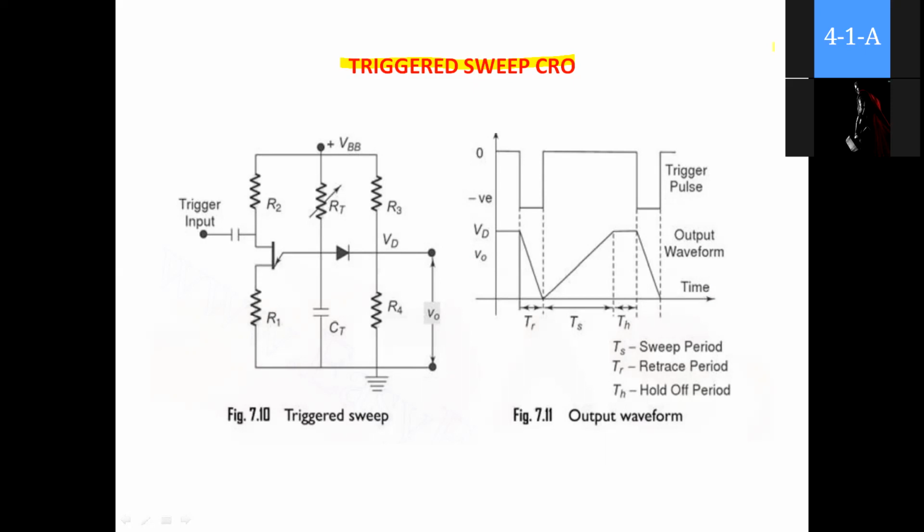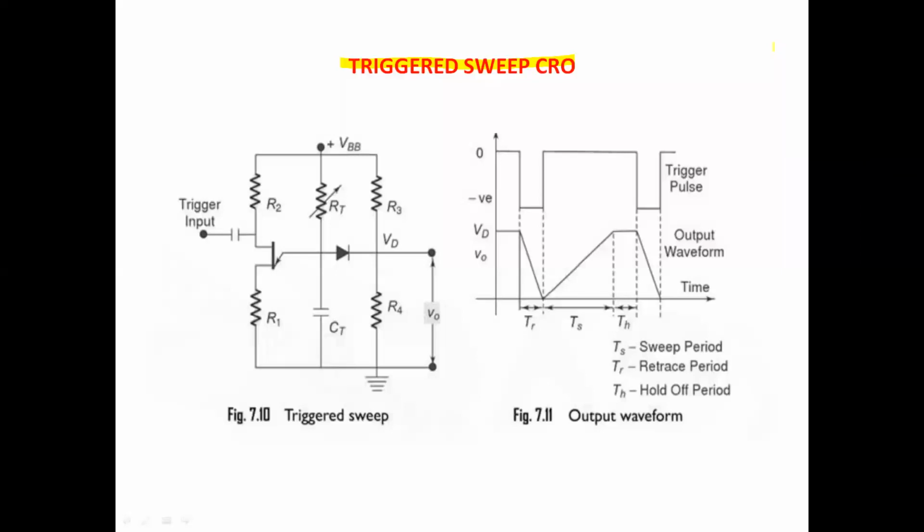It doesn't give any stable display on the CRO. So in such cases the continuous sweep is not useful, and we have to prefer the triggered sweep CRO.